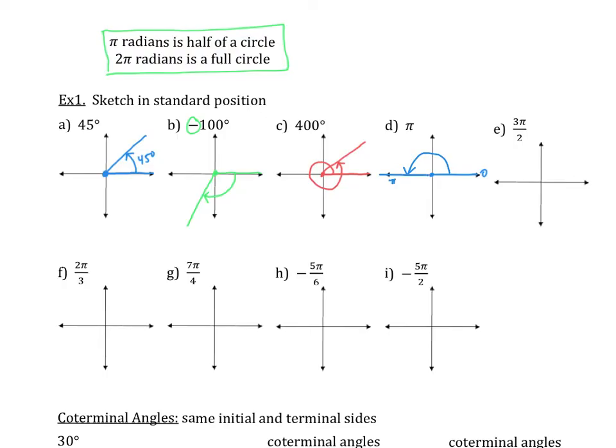Okay, for E, 3 pi over 2. I assume it's radians because if there's no units indicated, it is radians. Okay, this is my initial side. This is 0. I know that this is pi over here. If that's 0 and that's pi, then halfway between 0 and pi must be pi over 2.